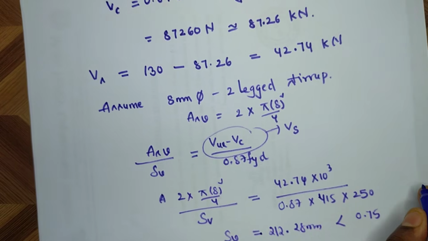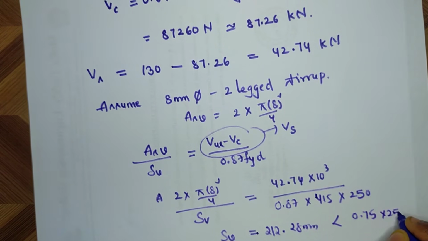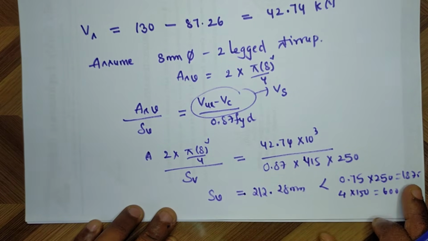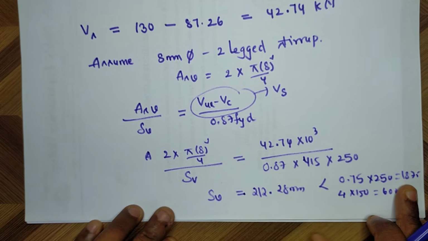This value should be less than 0.75D. 0.75D is nothing but 187.5, and 4 times the width of the web, that is 150, is 600. Okay, spacing we got 212. But as per IS 1343 we need to provide a maximum of 187.